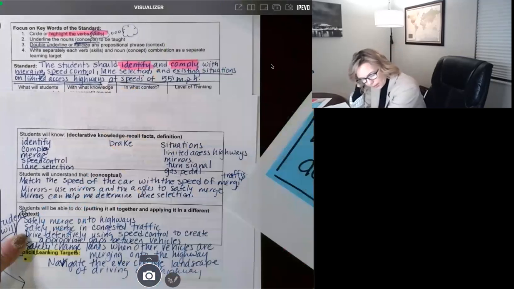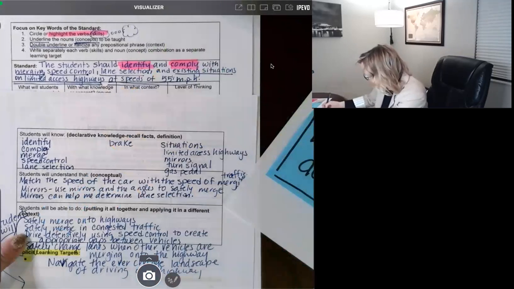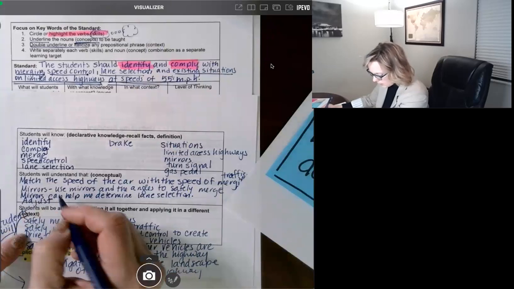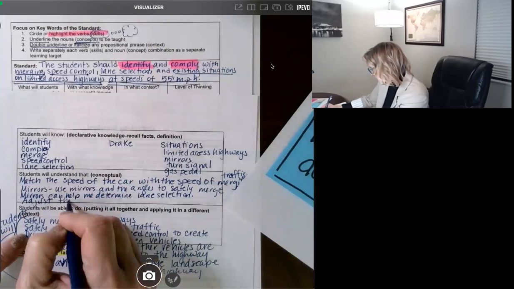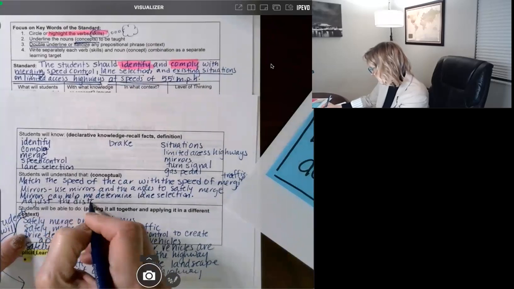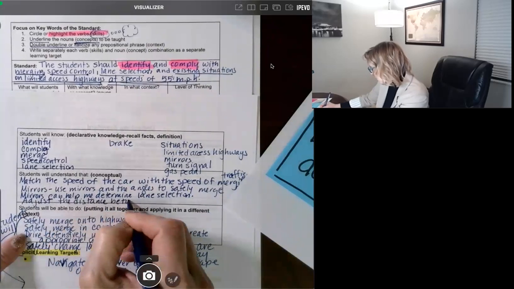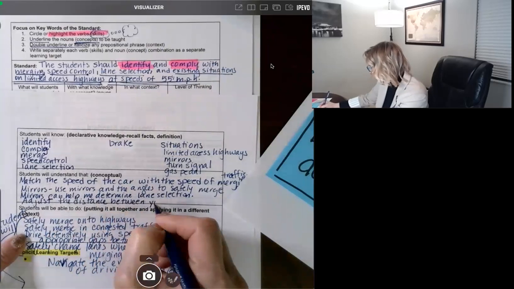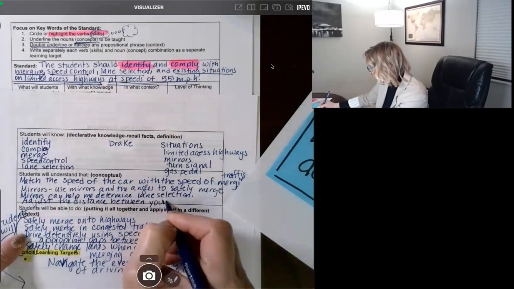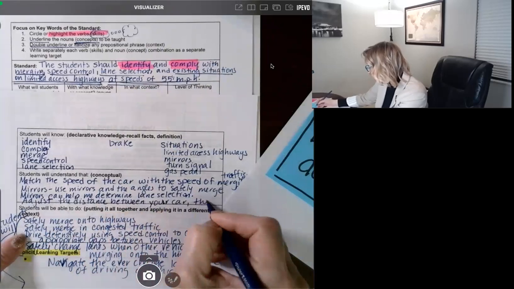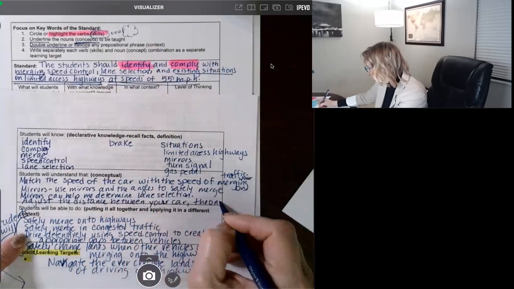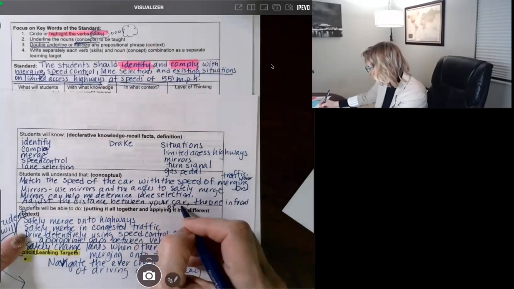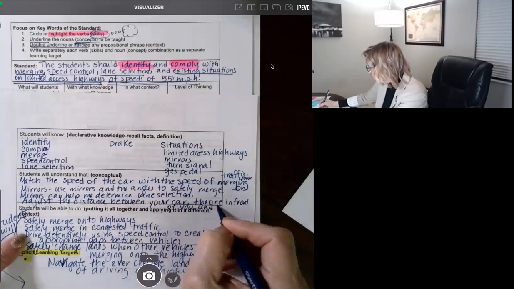I think you have to understand how to adjust the distance between your car, the one in front of you, and those coming up upon you.